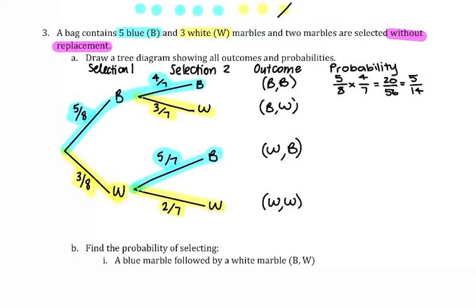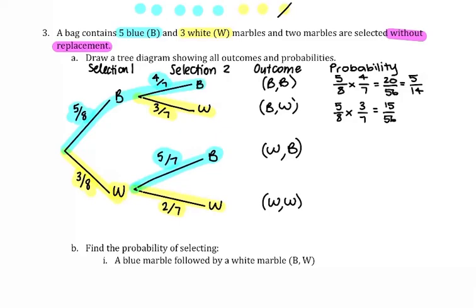For our outcome of blue-white, it has a probability of 5 over 8 times 3 over 7, which equals 15 over 56, which stays as 15 over 56.